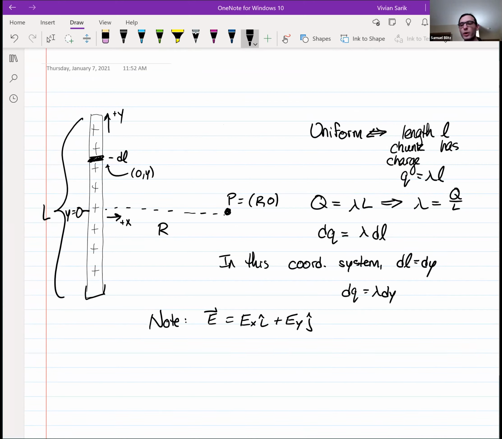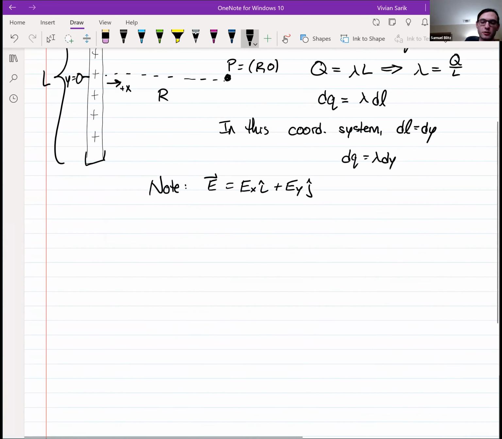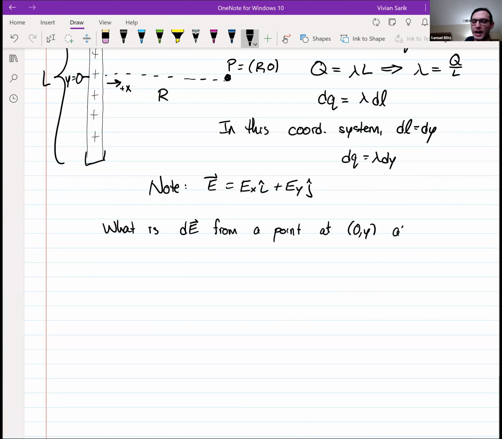So we want to know the infinitesimal electric field from a point at 0, y at a point R, 0, meaning we want to know what the value of the electric field is at R, 0 when its source is located at 0, y.